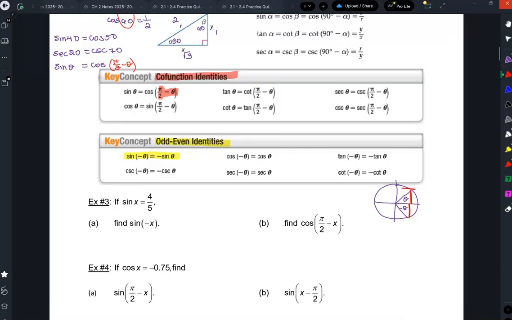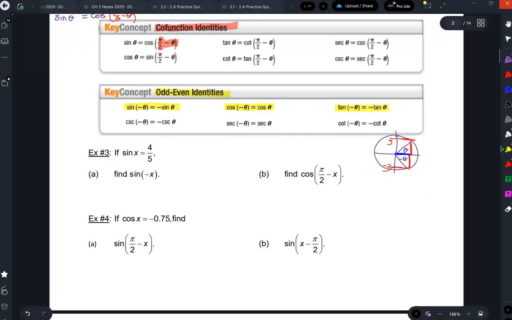If this was positive 3, this will be negative 3. So when you go between theta and its opposite, the sign will also become opposite. Cosine, however, will stay the same. So cosine of negative theta is the same as cosine of theta. Tangent will also be opposite because it's dependent on the sine.